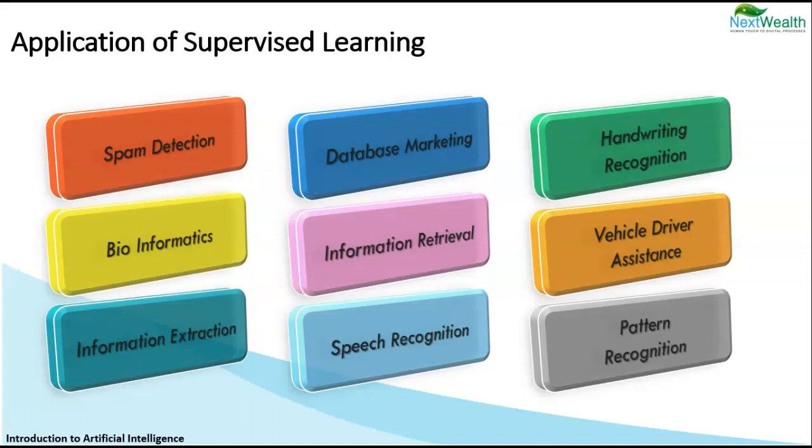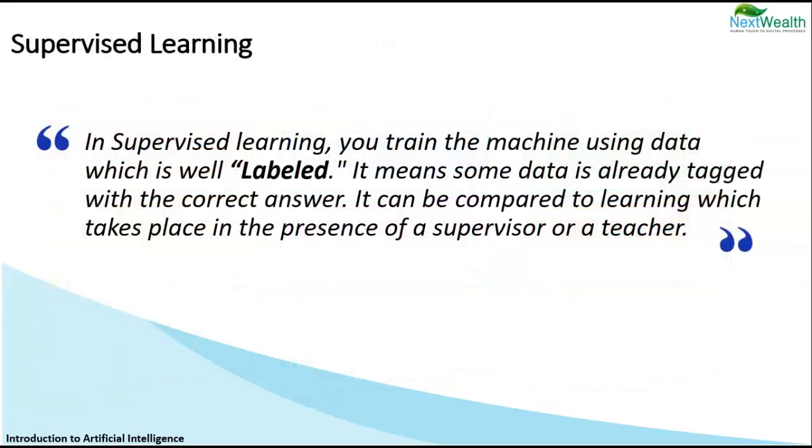Amazing, right? Similarly, AI/ML finds its applications in fields such as bioinformatics, information extraction, database marketing, information retrieval, speech recognition, handwriting recognition, vehicle driver assistance, pattern recognition, so on and so forth.